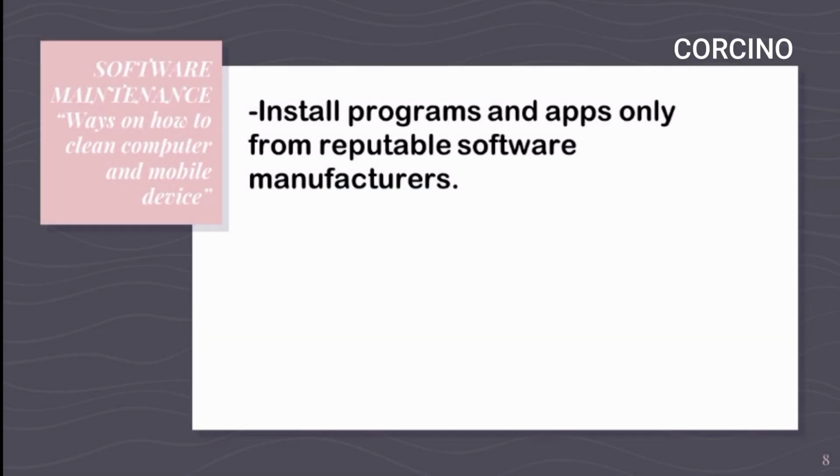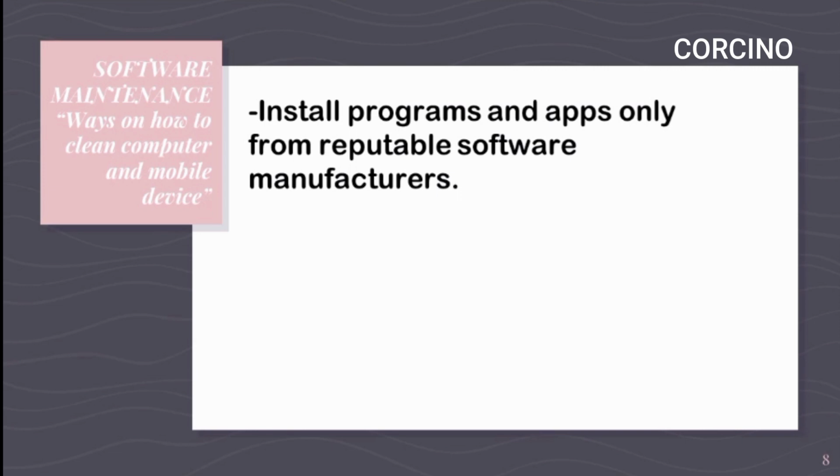Third is, install programs and apps only from reputable software manufacturers. In addition, make sure you are installing the program or app from original installation media, the software manufacturer website, or your mobile device app store, or maybe in marketplace.